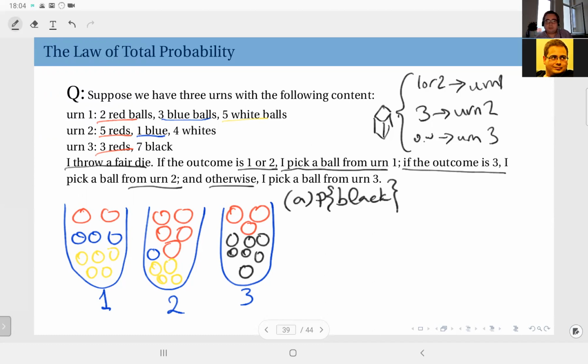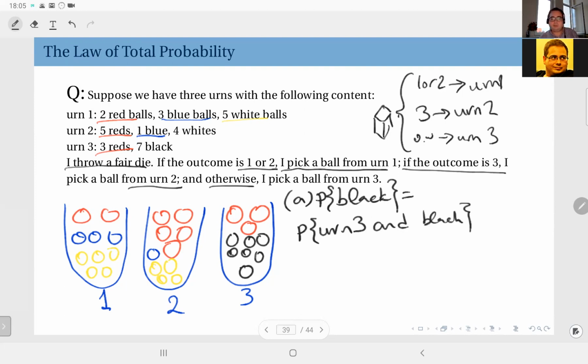And of course, selecting a ball from the urn and the die, I can assume that they are independent. There is no reason to believe there is any connection. They are physically independent, so I can assume independence here. Therefore, I have to use urn number 3, and the outcome should be black.